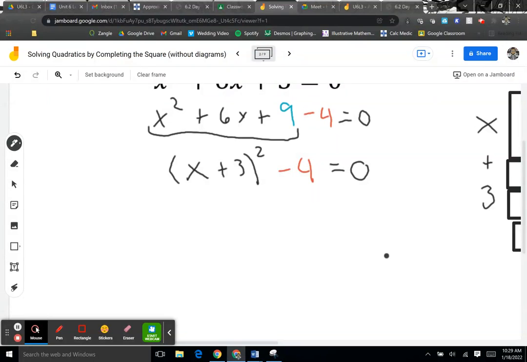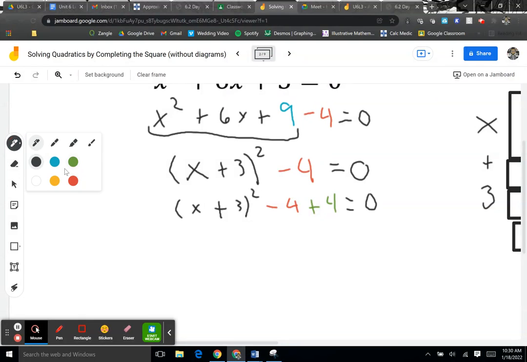And then we can just do the simple math that we've learned in the past. We can add 4 to each side. We'll have x plus 3 squared, still have this minus 4. And let's just add 4 to this side as well. That's still equal to 0.